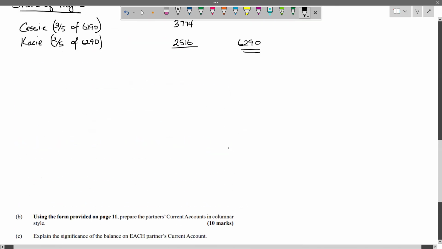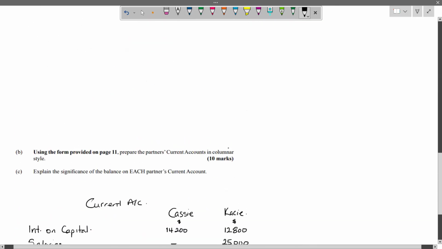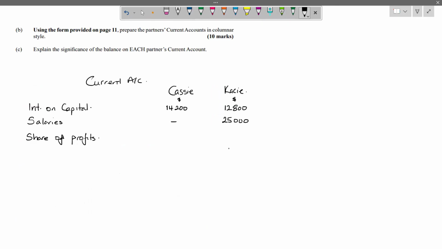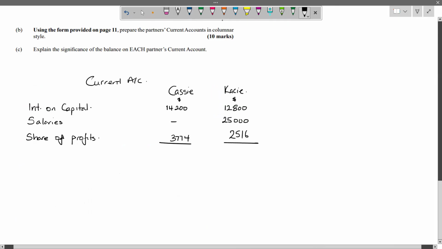And then share profits was 3774, 2516. So these are all positive increments or things that are going to increase the partner standing. So they're all positive. I'm going to add.